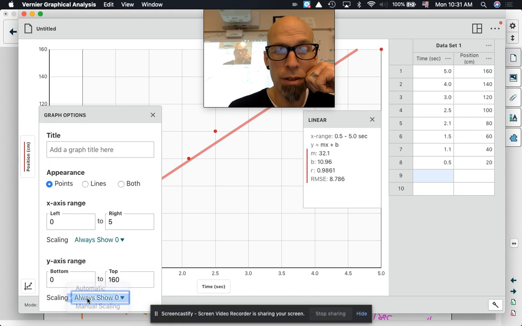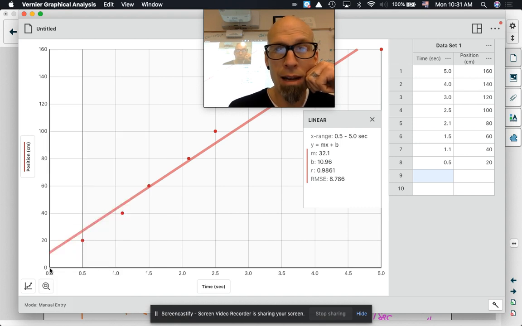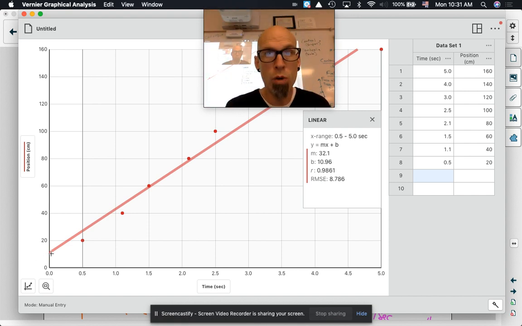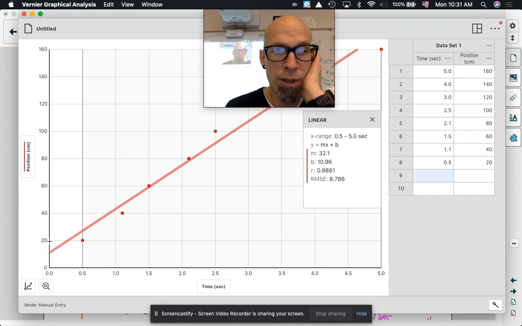And what that does is it allows us to have the origin actually be at the corner of the graph, which makes the y-intercept on the graph look like what it really is. And in this case, again, it's over 10. It's over halfway up to 20 here from 0.